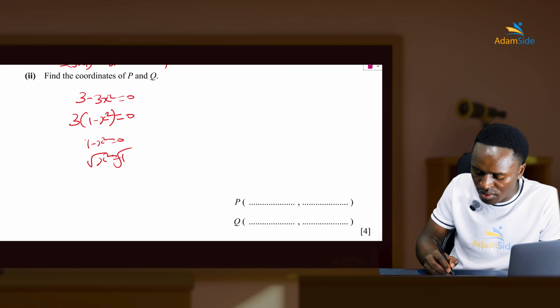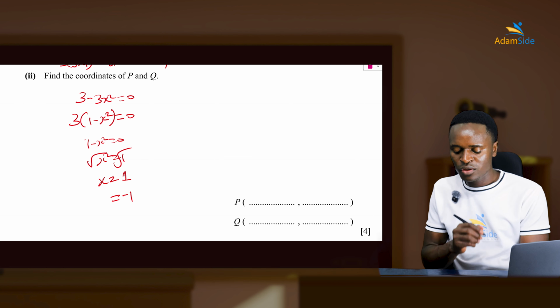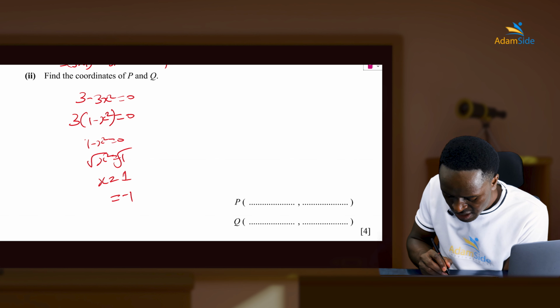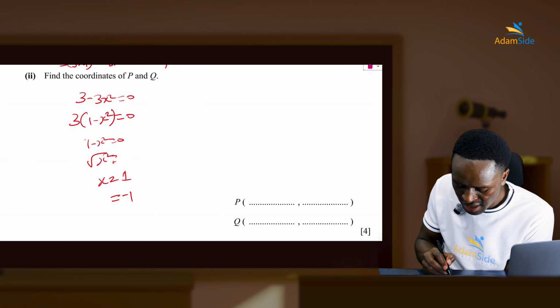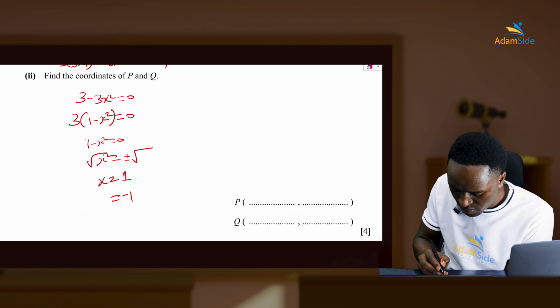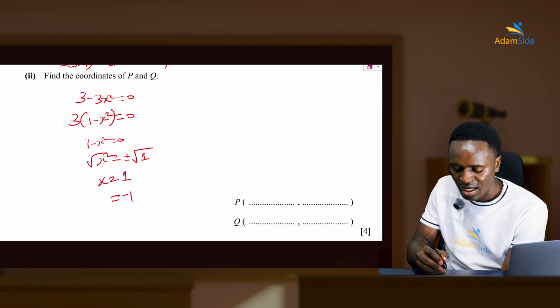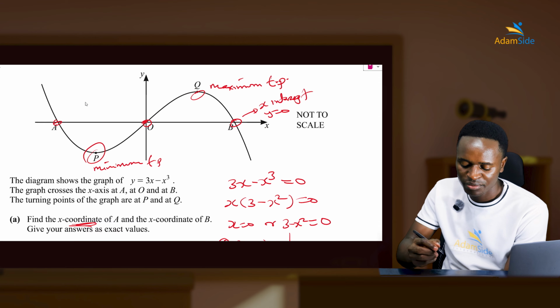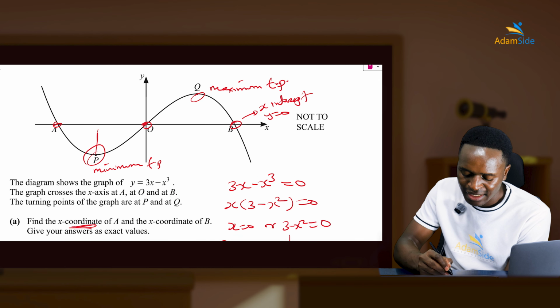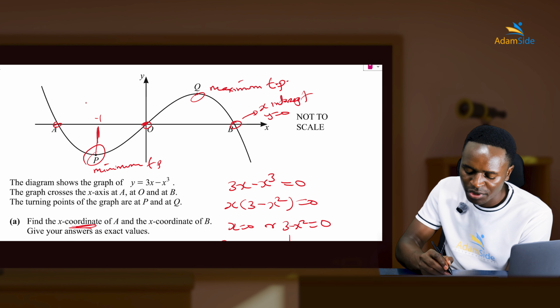So find the square root. X is 1 or negative 1. We have those two options, because when you're finding a root it is either plus or minus. So you have x as positive 1 or x as negative 1. For point P, it will be negative 1, because it's the value of x below 0.